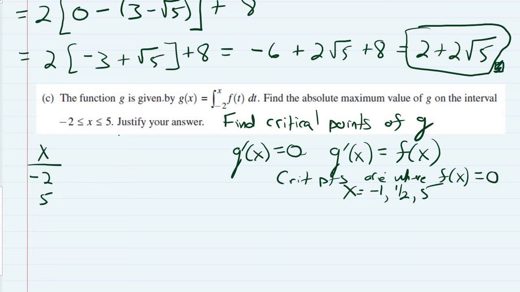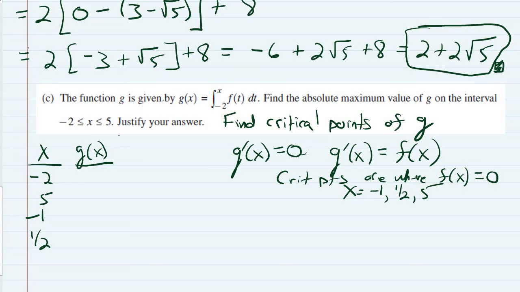But we've already considered 5. That's the endpoint, so that's already on our list. So I'm going to add in negative 1 and 1/2 as my candidates. Okay, so our job then is to find g of x for these values and see which one is the maximum.